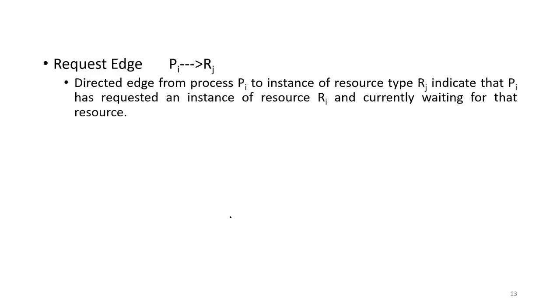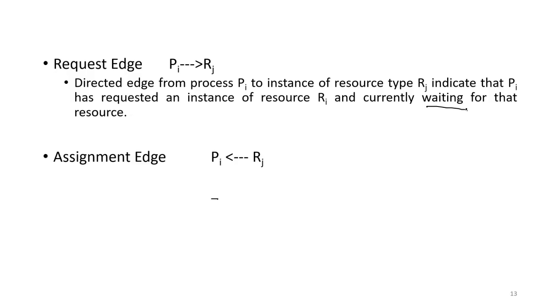A request edge from process Pi to resource Rj means a directed edge from process Pi to an instance of resource type Rj, indicating that Pi has requested an instance of resource Rj and is currently waiting for the resource. That is known as the request edge. And after some time, that request edge is converted into a waiting edge.